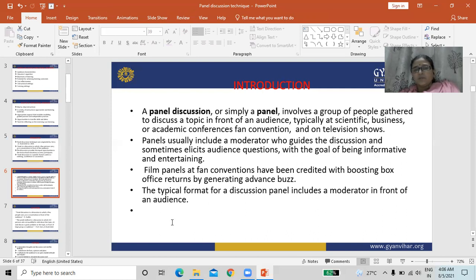Film panels at fan conversations have been created for boosting box office numbers by generating advance buzz. The typical format for a discussion panel includes a moderator in front of an audience.